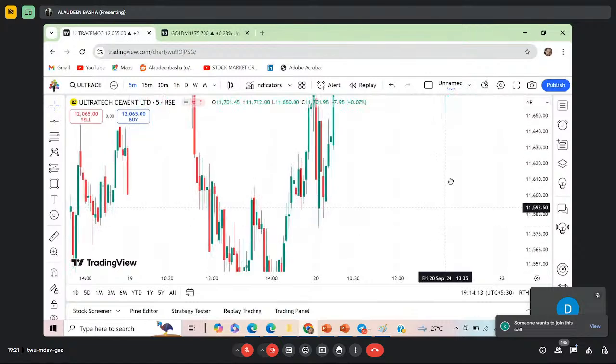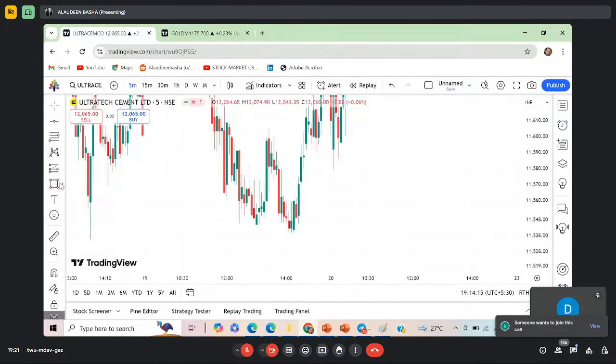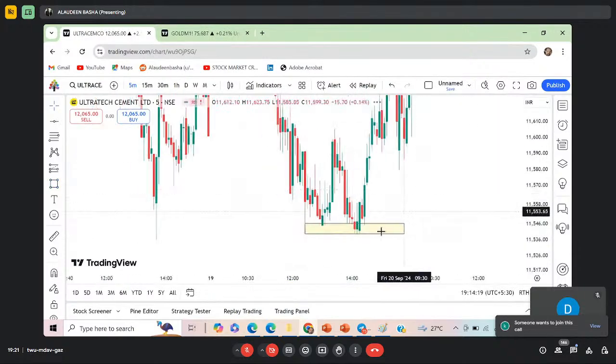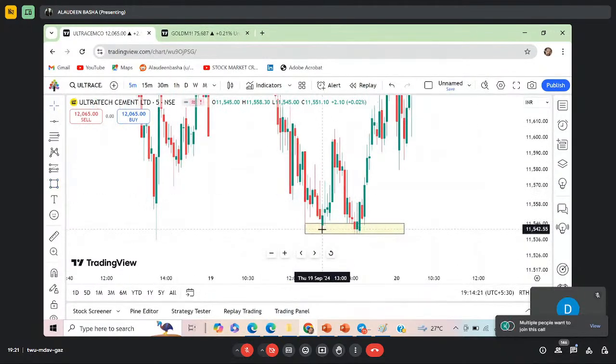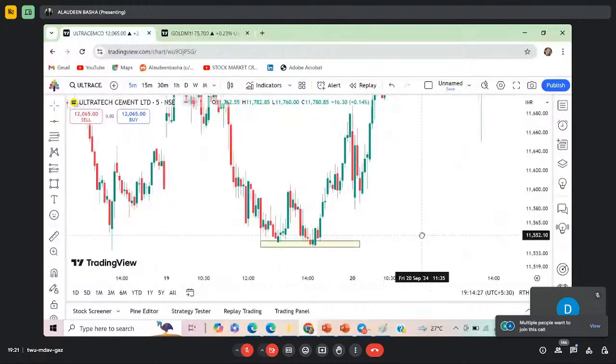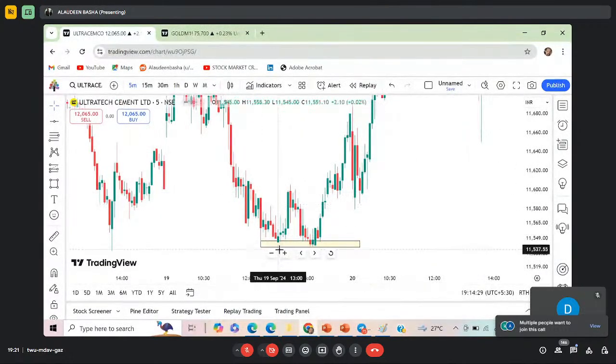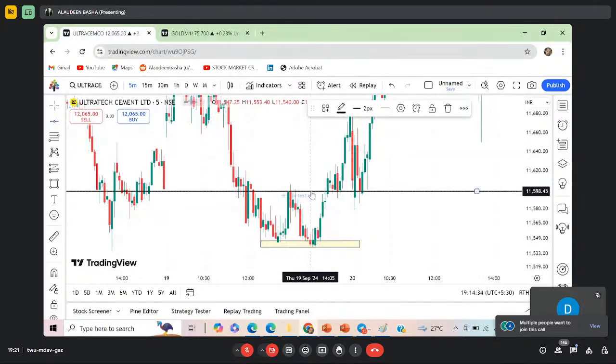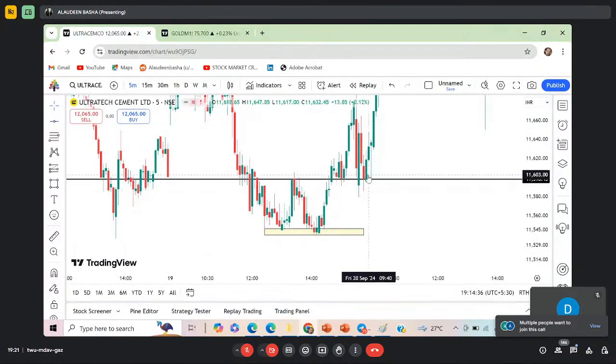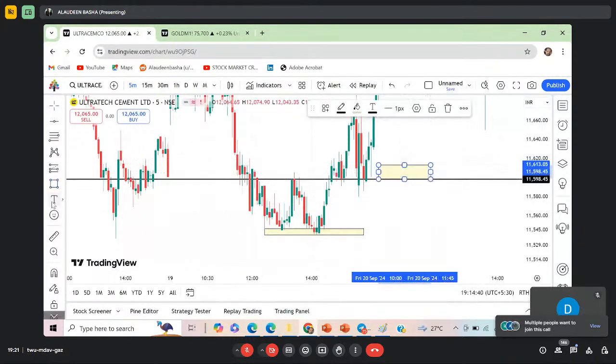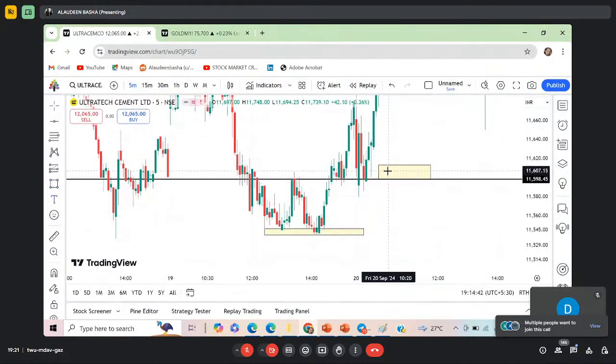It's a double bottom. So almost it's a double bottom. If you do not consider it, the low is 11,545 and 11,540, because for an 11,000 rupees stock we do not consider 5 rupees or 10 rupees. So it's almost a double bottom. So this is the neckline. Once it breaks, we go for buy.